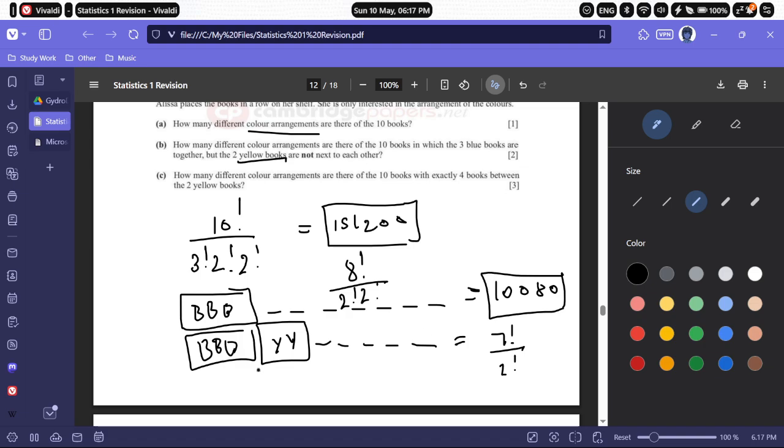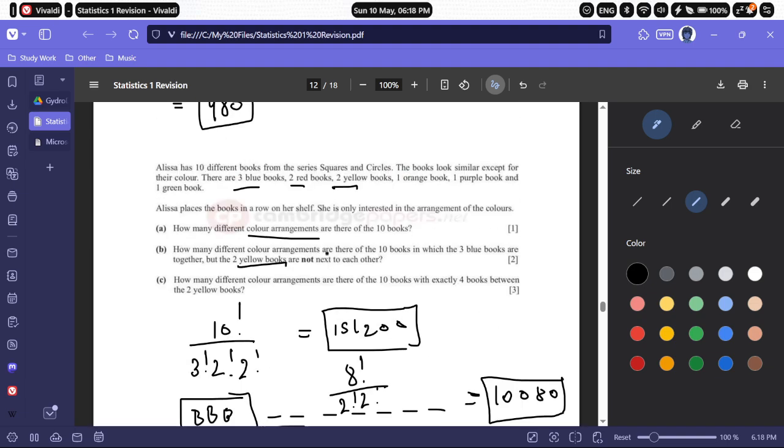And then you just do the total number of cases minus the cases when the 2 yellow books are together. So 100800 minus 7 factorial over 2 factorial, which would give you 75,600. For this, I guess you can use the gap method as well. But anyway, I'll move on then.